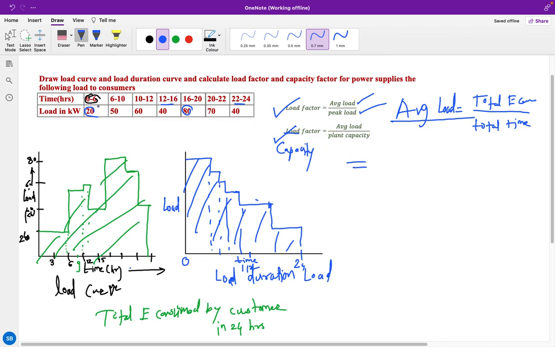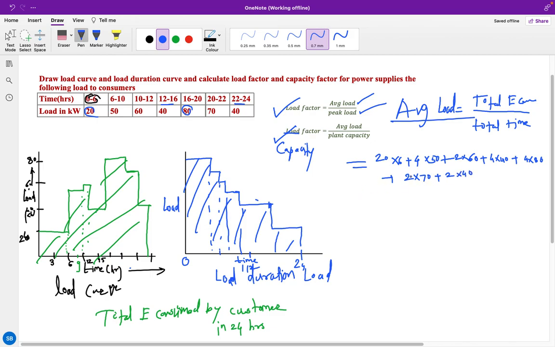For the first 6 hours, 20 is required, so 20 into 6, plus the next 4 hours 50 is required, that is 4 into 50, then 2 into 60, plus 4 into 40, plus 4 into 80, plus 2 into 70, plus the last one, 2 into 40.